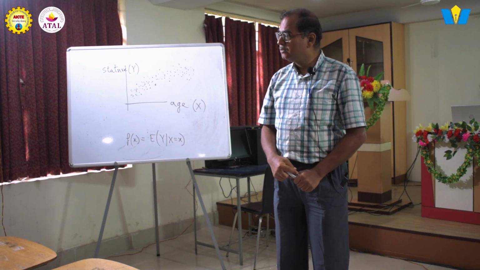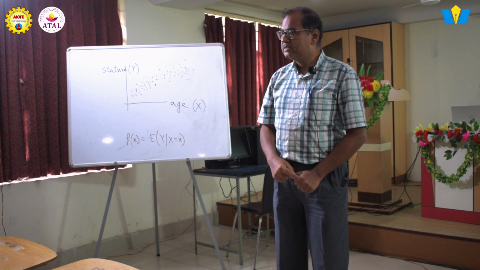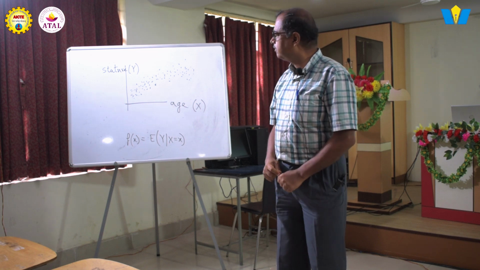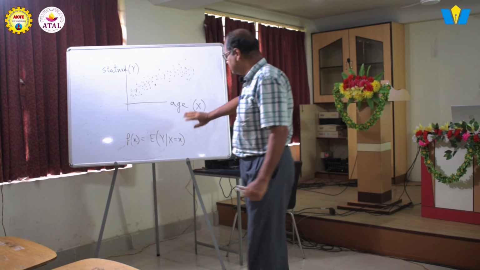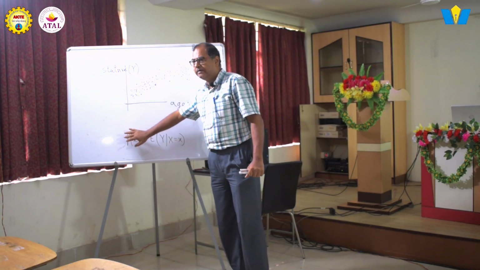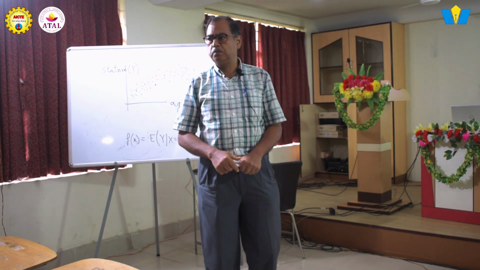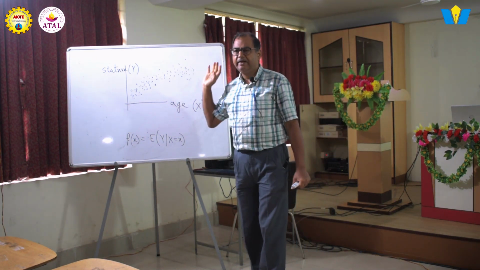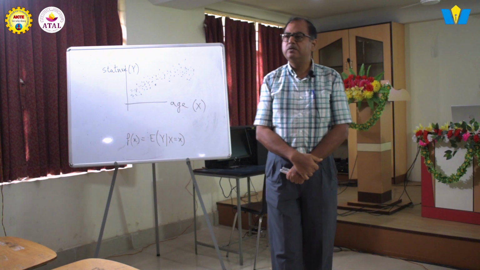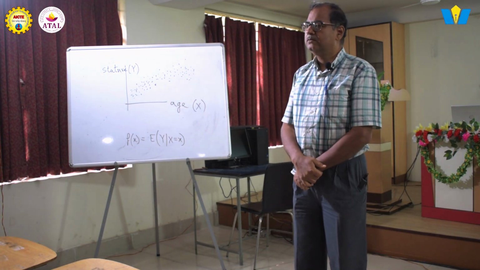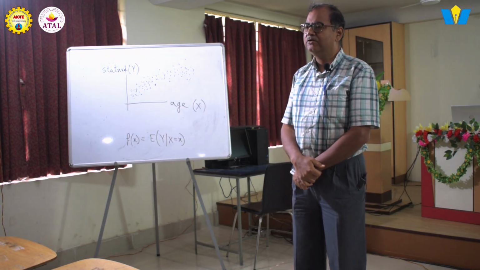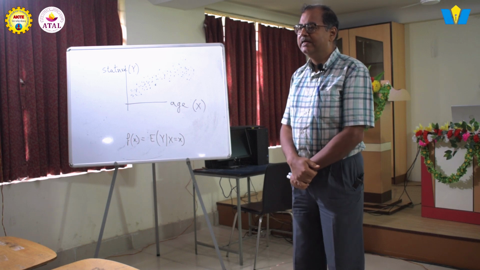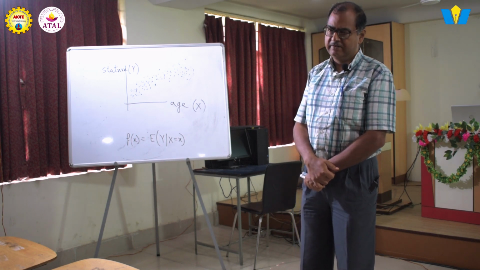If I want to do that, let's see how you will proceed if I didn't discuss any of these things. Pretend that this is not there. I'm just asking you, you have data, x and y, paired data. My question is, what is the average height of people who are aged, let's say, 12 years?